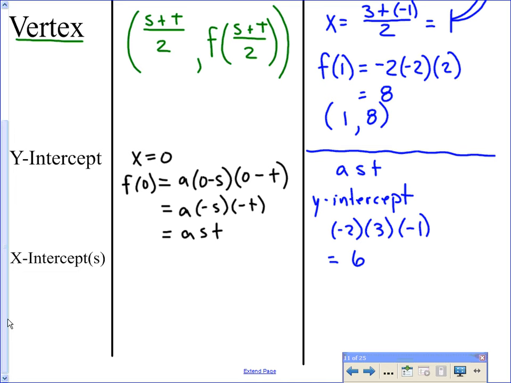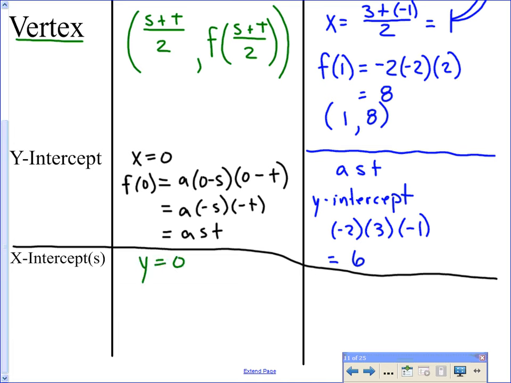And then the last one is to find our x-intercepts. So for the x-intercepts here, we know y is equal to 0. So if y is 0, then 0 is going to be equal to a times (x minus s) times (x minus t).